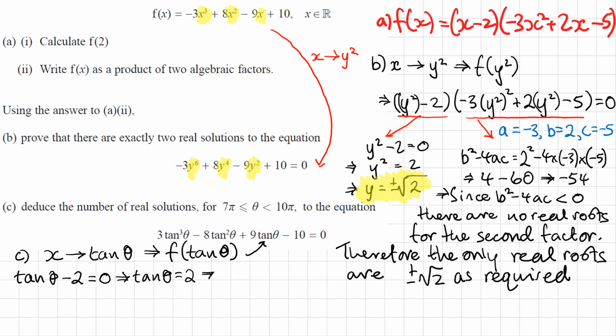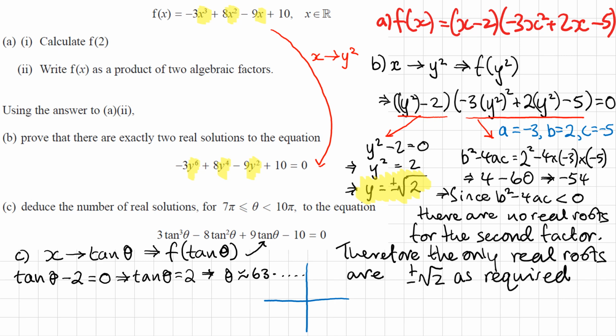Now I don't need to find the roots, but it's quite helpful. Maybe if we do the tan inverse of 2, what we get is theta is roughly 63 point something degrees. Don't really care too much, but what I'm going to do is to draw a CAST diagram so that I can see how many roots there's going to be.